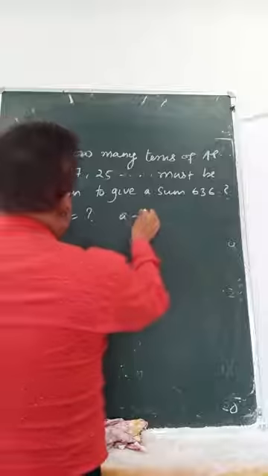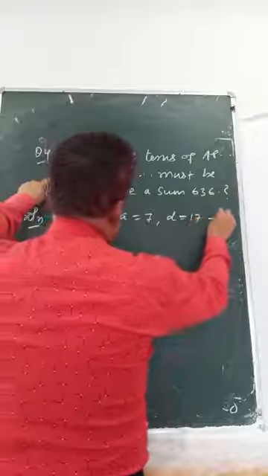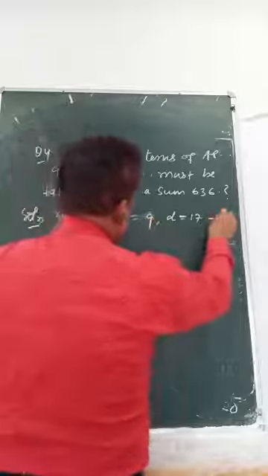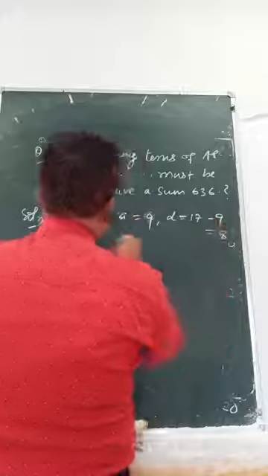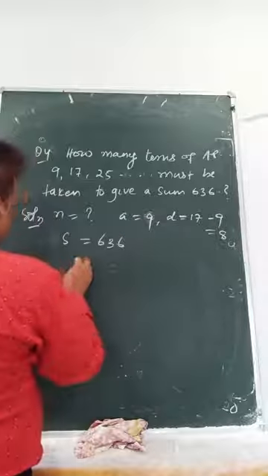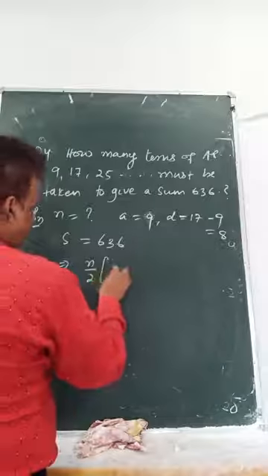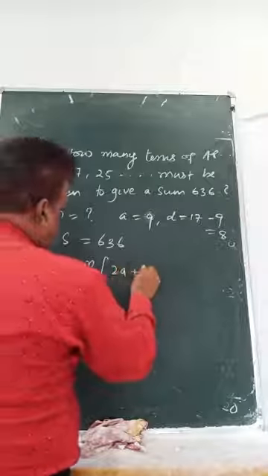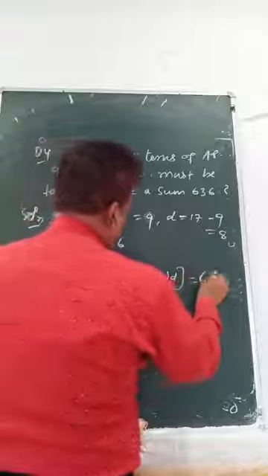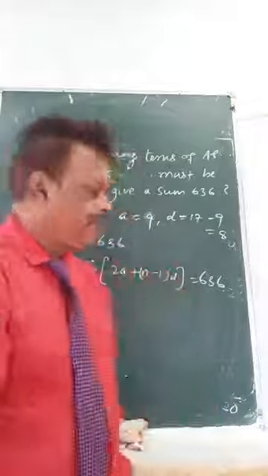For a equals 9, d equals 17 minus 9, which is 8. Sum is 636. So the formula for sum is n by 2 into 2a plus n minus 1 into d, equals 636.